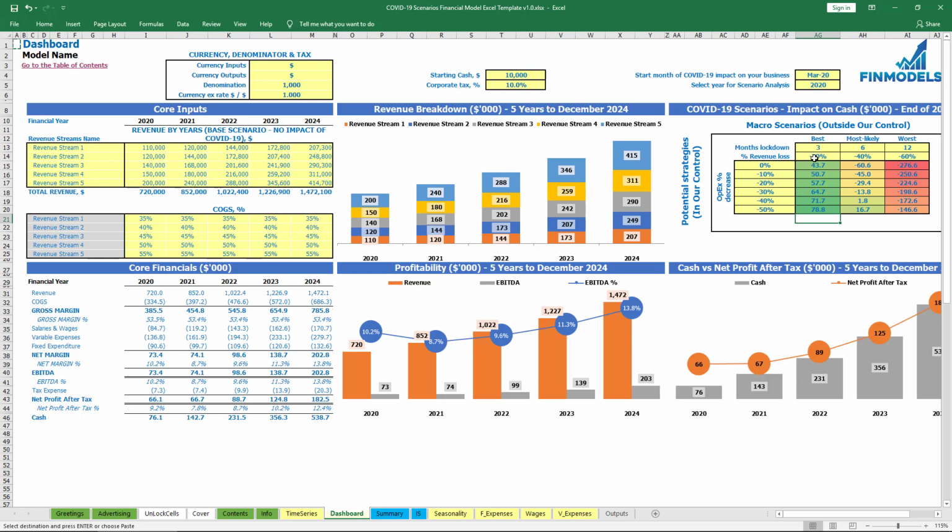And within this period of time we will lose 20% of revenue, 40 or 60. After this period of time we will get back to the normal values, which is our basic or base scenario.